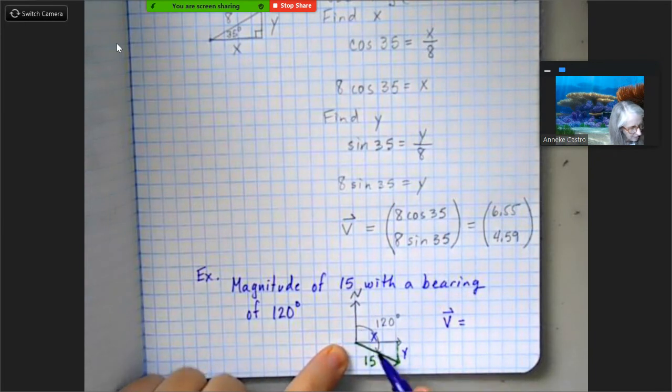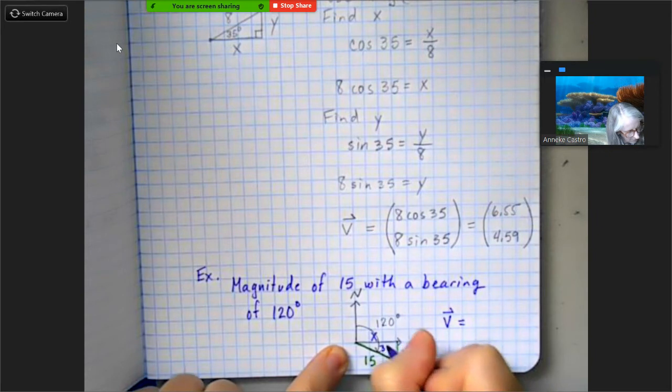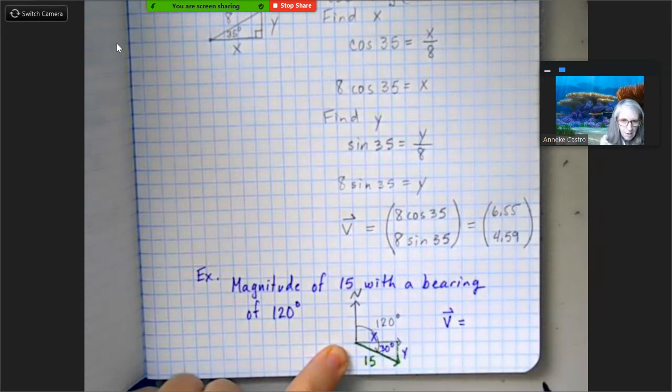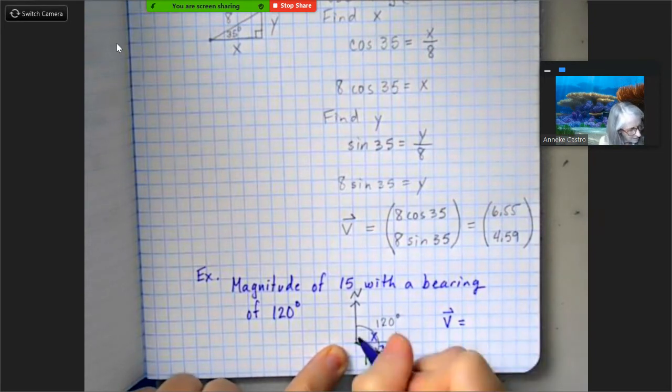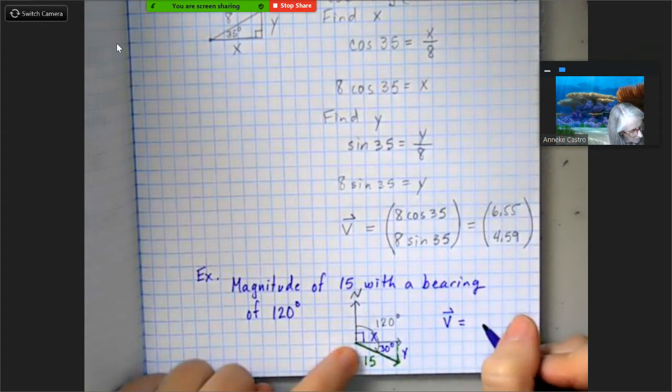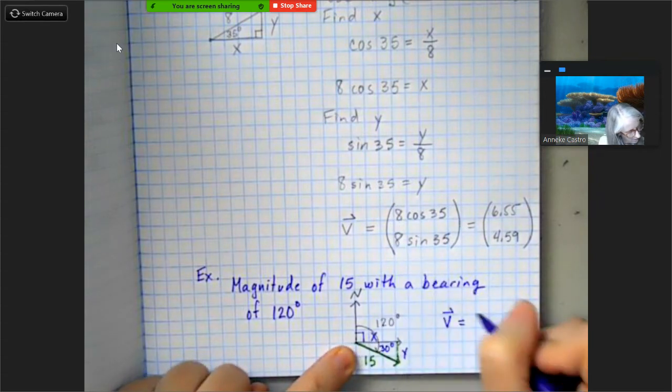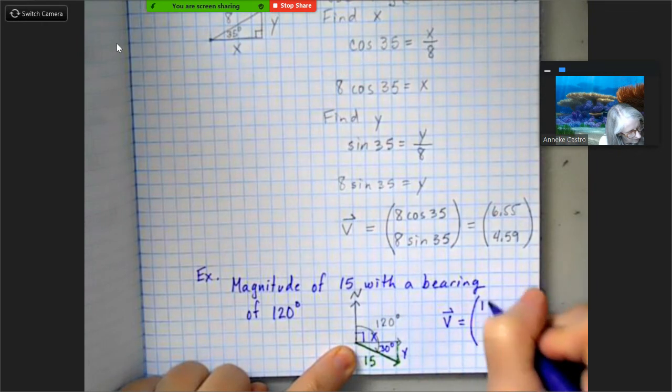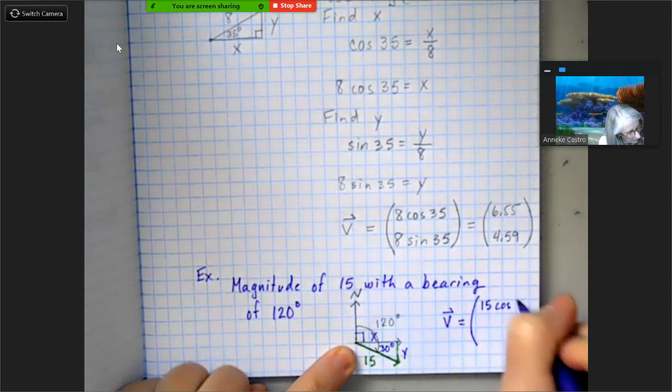Because this is 90, and this is another 30 degrees. So right here, I figured out that's going to be 30 degrees because 90 plus 30 is 120. So I could say that x is going to be 15 times cosine of 30.